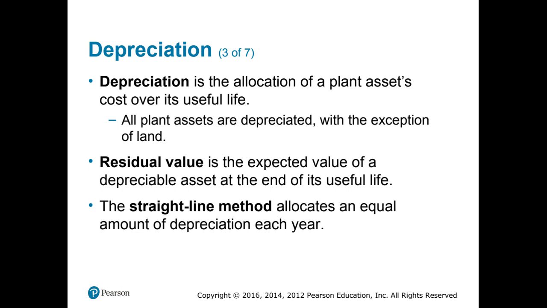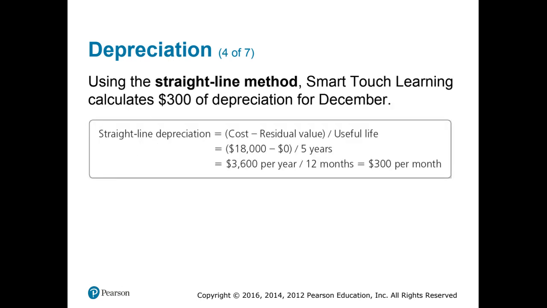And we'll have examples in here. I think it's the very next slide, actually. Yeah. So in this example, we're using the straight line method to calculate depreciation. The cost of the furniture is $18,000.